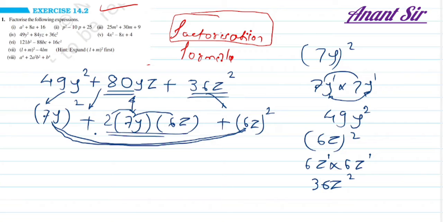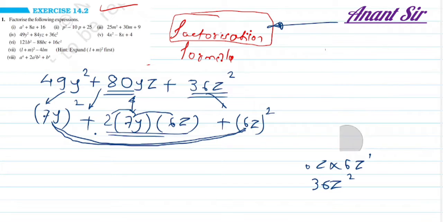We have to solve it by factorization only. We can solve any question by the factorization method, but this method is applicable only to those questions which have perfect squares in them.